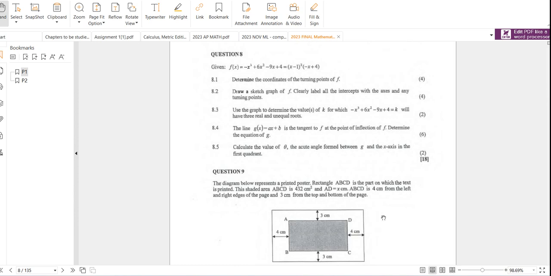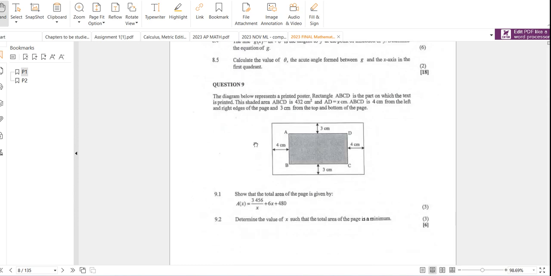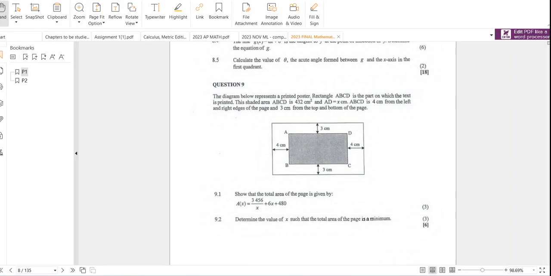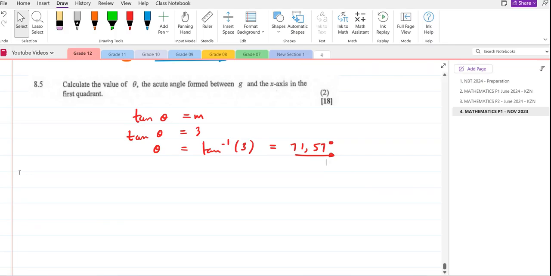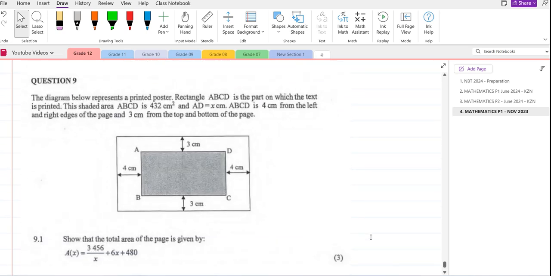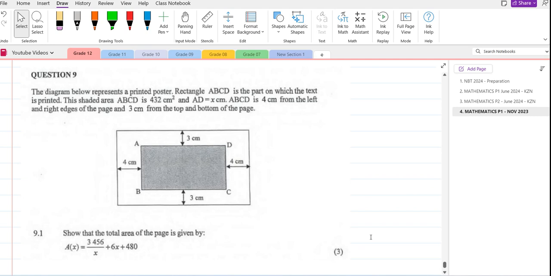Question 9, maximization problem. Let's have a look at this. The diagram below represents the printed poster. ABCD is a rectangle, the part on which the text is printed. The shaded area ABCD is 432 cm squared, and AD is x.